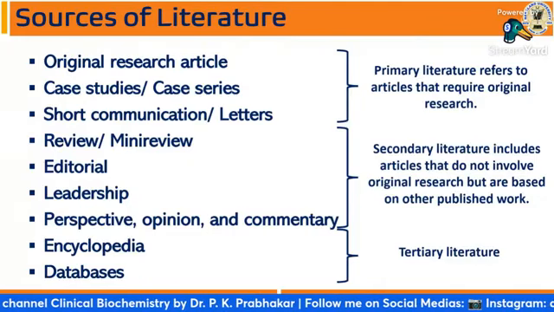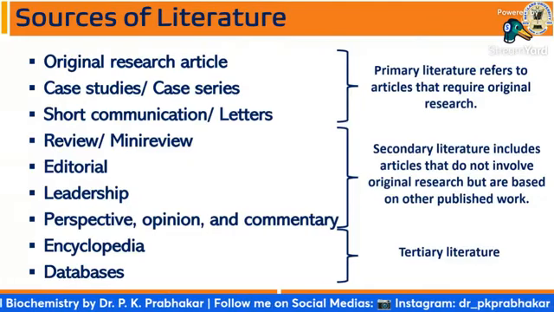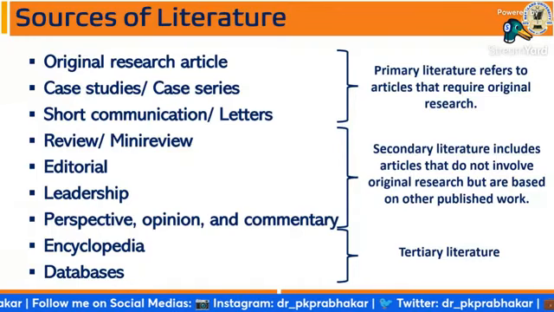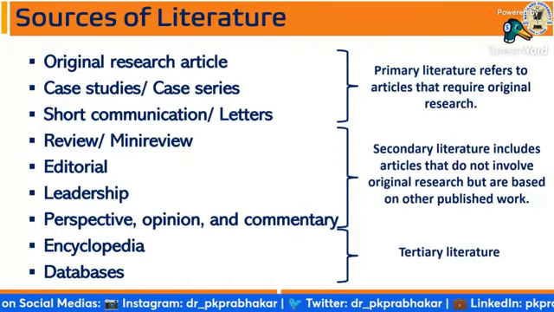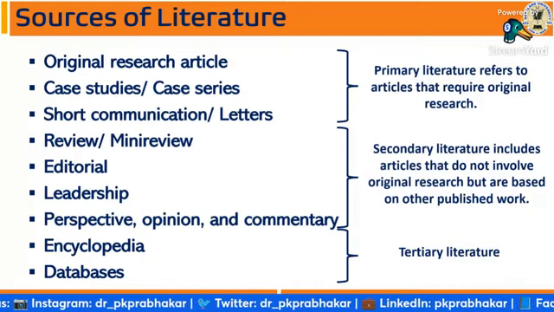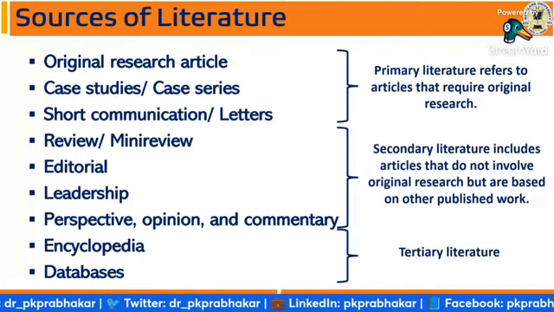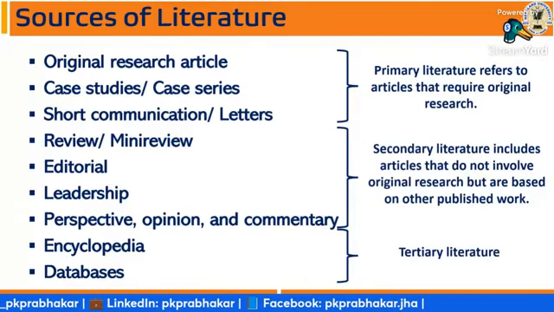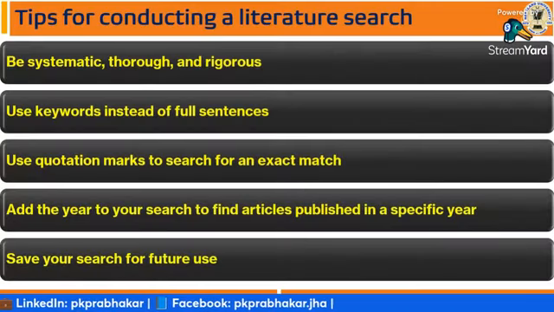And the third one is tertiary literature, which is mainly based on primary and secondary literature, like encyclopedias and databases. So whenever we do literature searches, we analyze all three different kinds of literature: primary, secondary, and tertiary, and then ultimately we come to the conclusion.